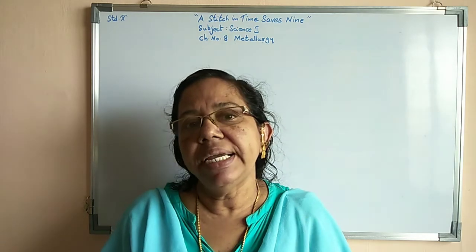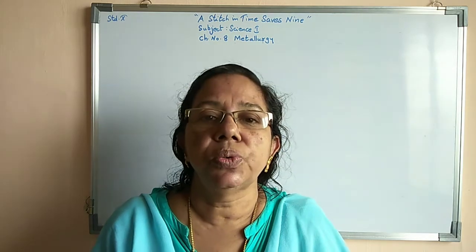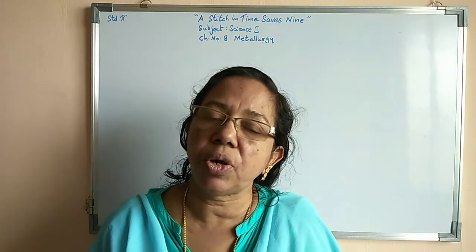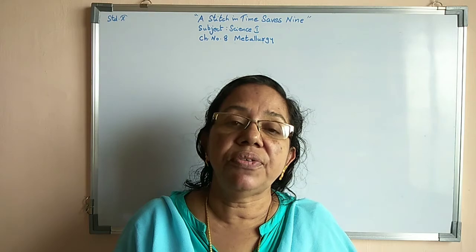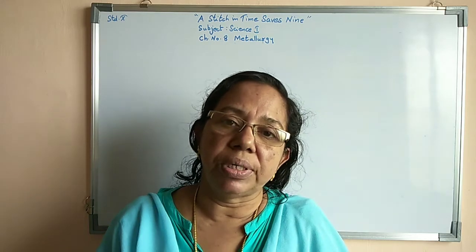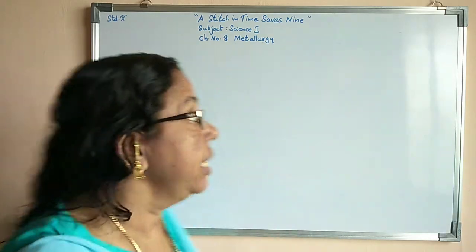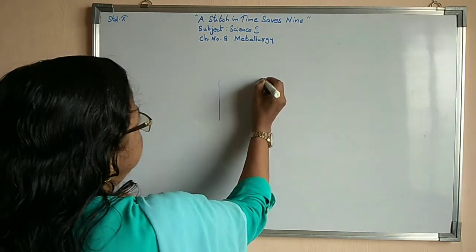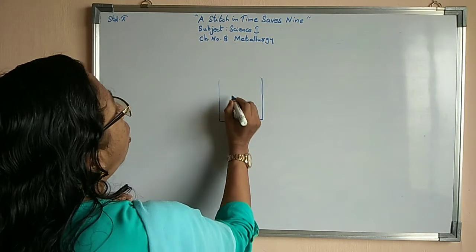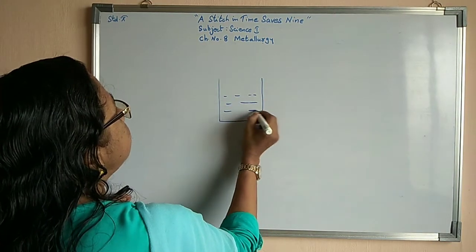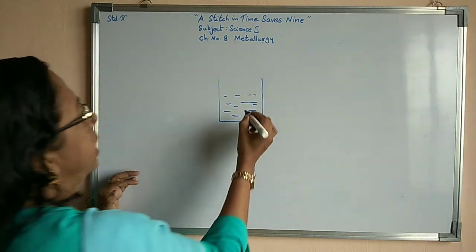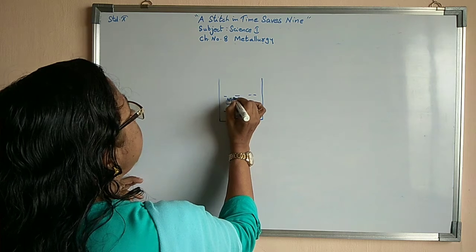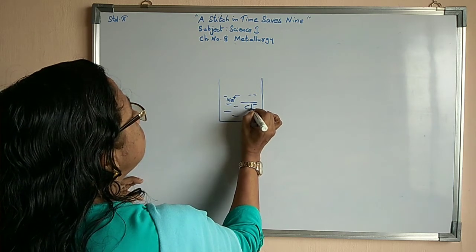Now, why can electricity flow through the molten state of an ionic compound, or the dissolved state of an ionic compound? It means that in dissolved form or molten form or fused state, the ions will be in motion.